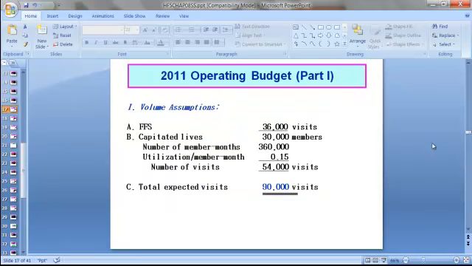So this is the volume assumptions. You'll notice that they have fee for service. They plan to have 36,000 visits, but they also have capitated lives, which means they have capitated contracts. For those of you that aren't familiar, this is the number of member months.